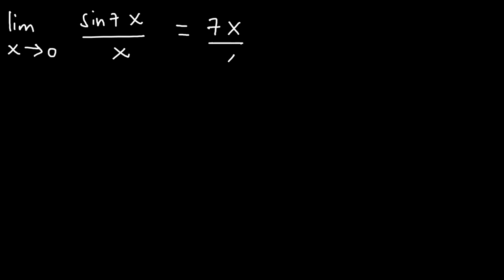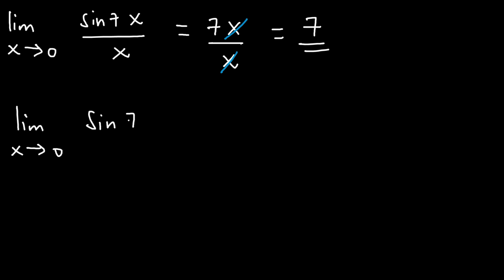Now let's say we have the limit as x approaches 0 of sine 7x divided by x. Once again, this will be equal to 7x divided by x. This x will cancel with that, and so this will be equal to 7. Now if you want to show your working, you would have the limit as x approaches 0 of sine 7x divided by x.